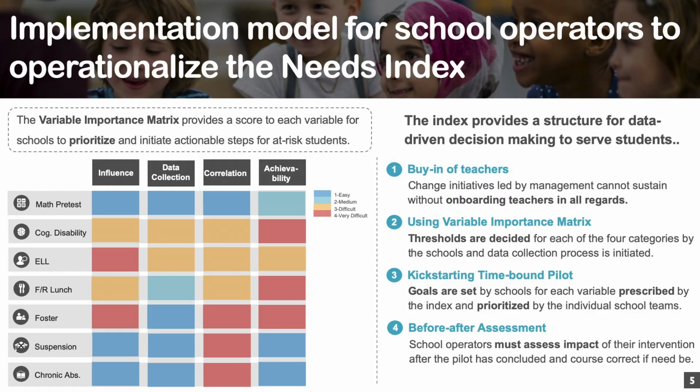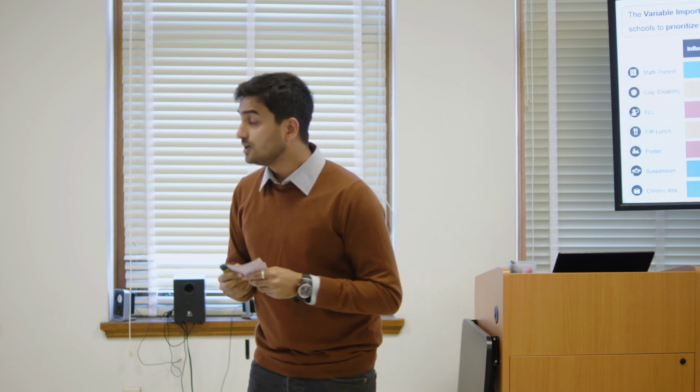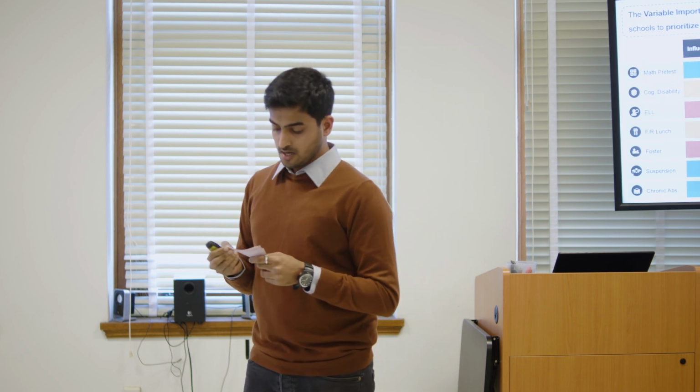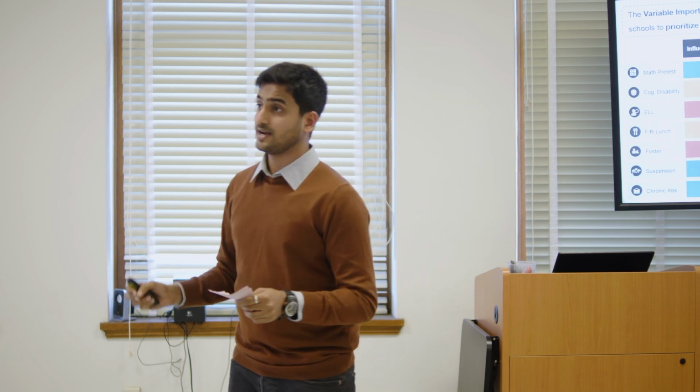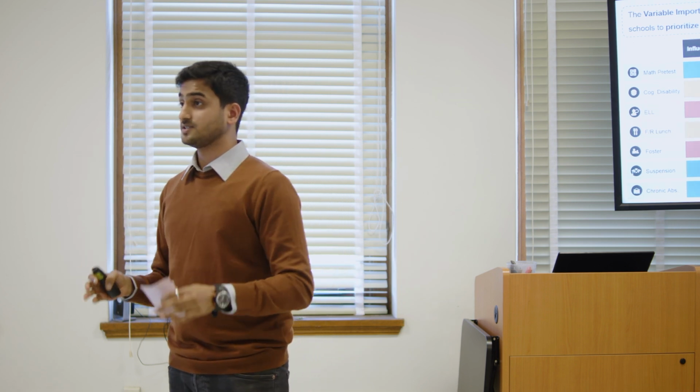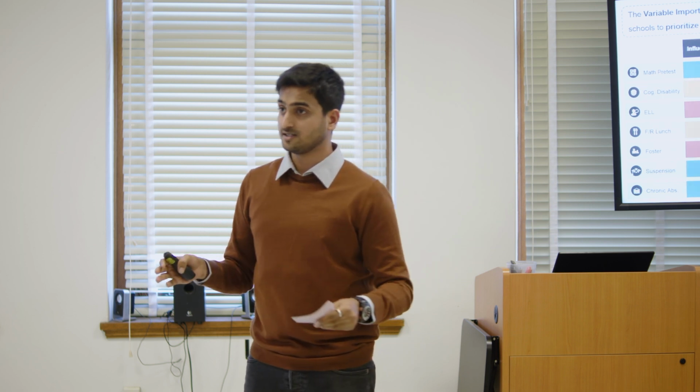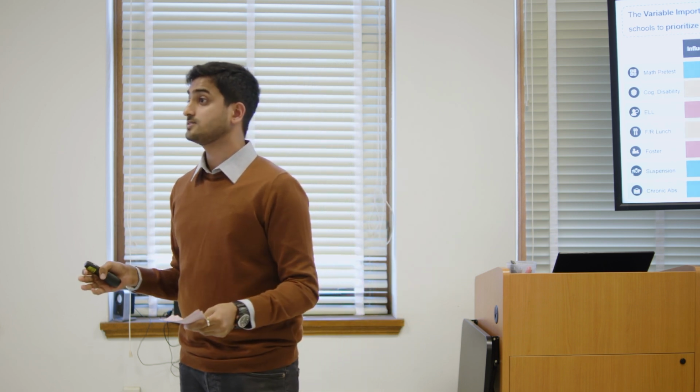Very quickly, I've created a variable importance matrix to help school operators in the implementation, because a lot of research suggests that America comes up with a variety of social reforms in education, but the problem is they don't treat school operators as equal partners in implementation, and that's why they fail.